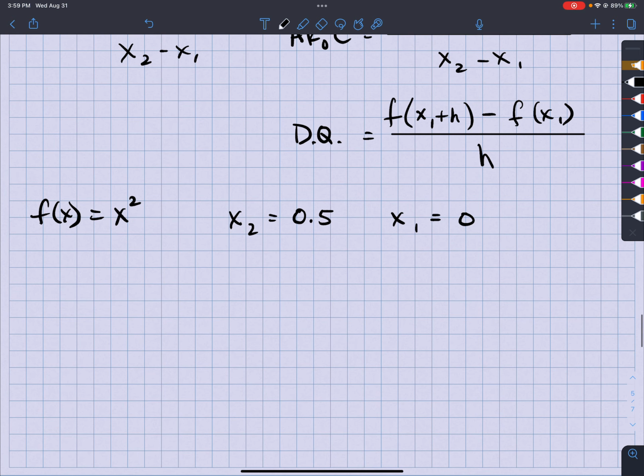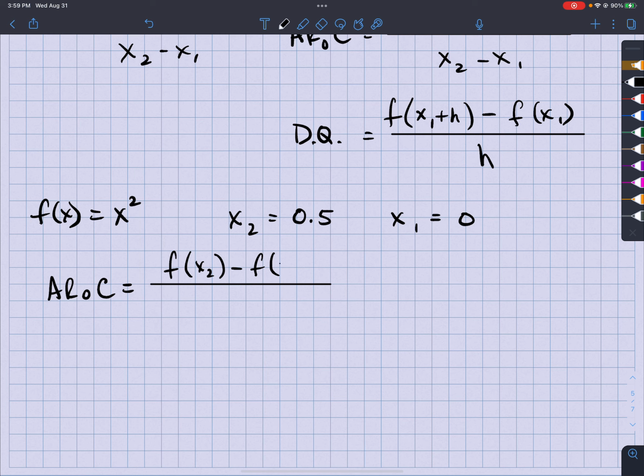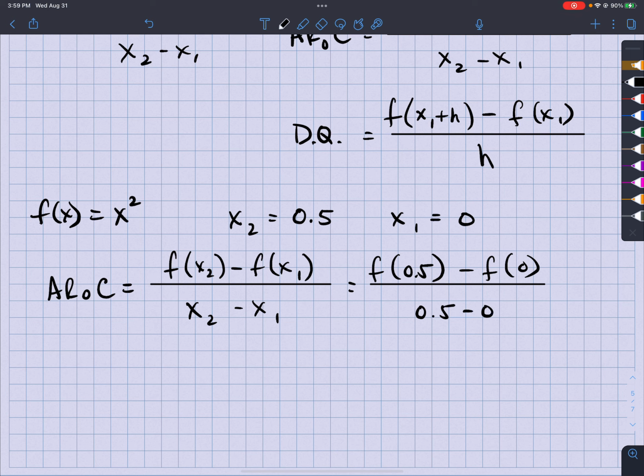All right, so if I was to find the average rate of change, I'll be saying, okay, f of x sub 2 minus f of x sub 1 over x sub 2 minus x sub 1, so that's going to equal f of 0.5 minus f of 0, and that's going to be over 0.5 minus 0, right?